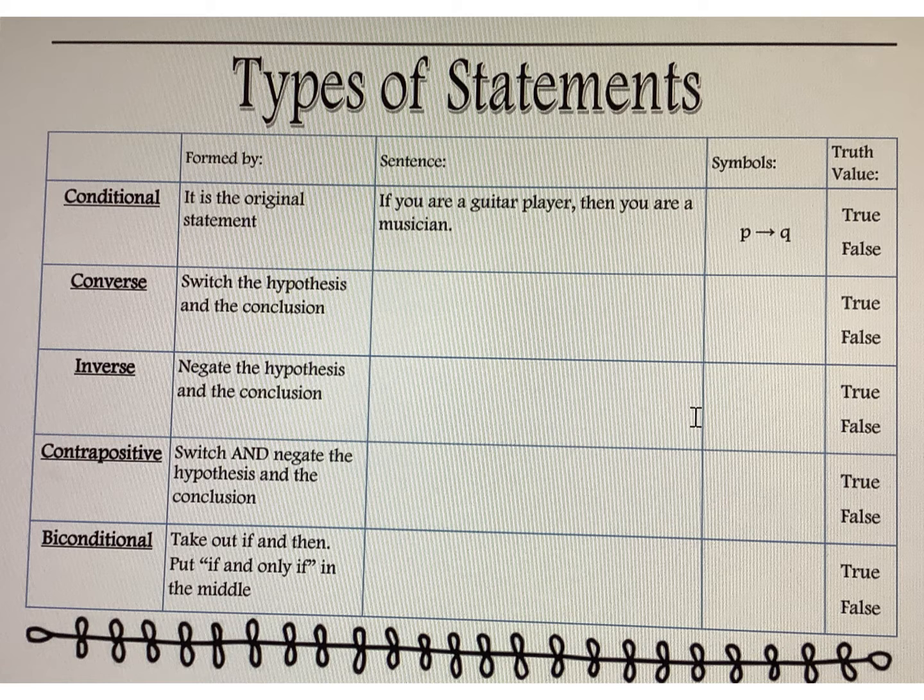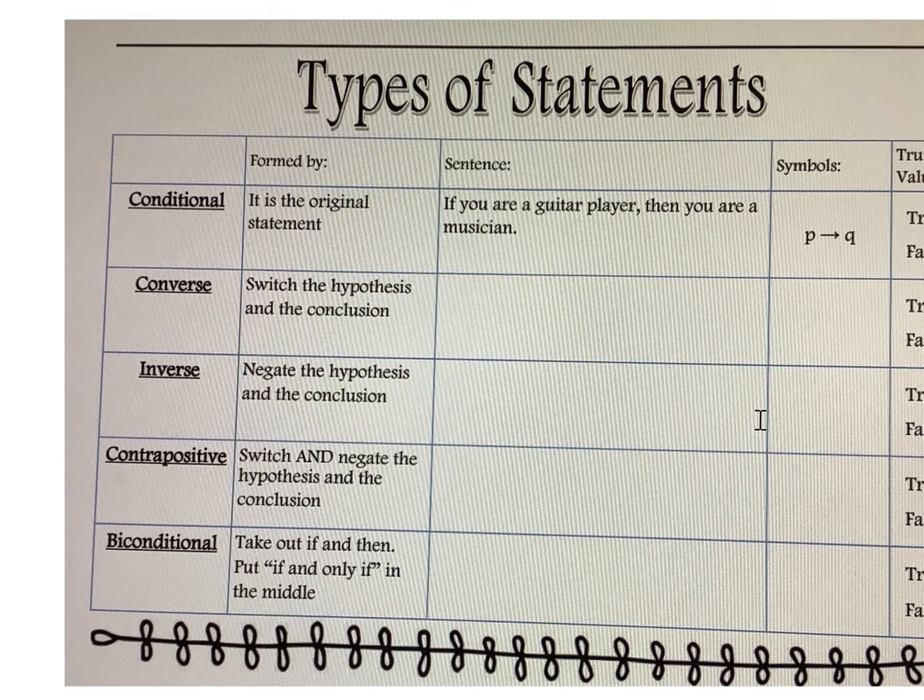All right, so the first statement that we have is a conditional statement. It is the original statement. That's where you make all the changes from, is from your conditional statement. If you are a guitar player, then you are a musician.